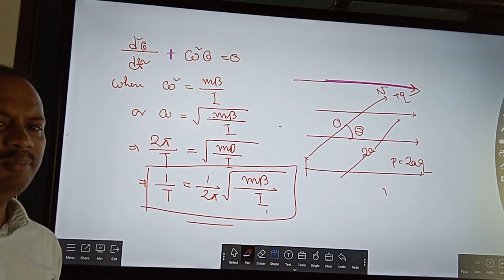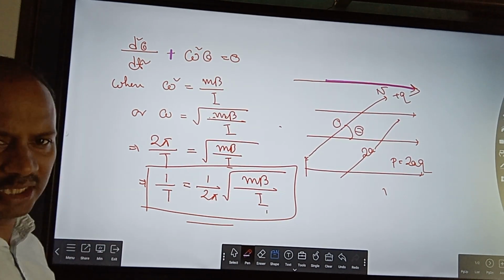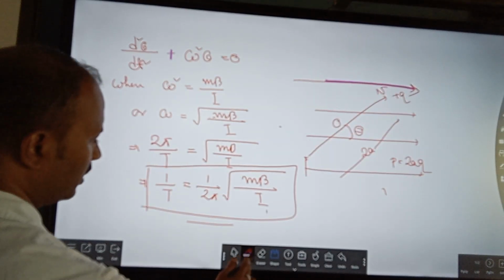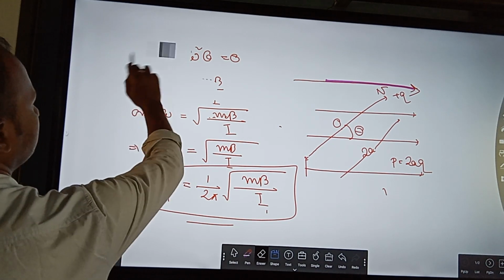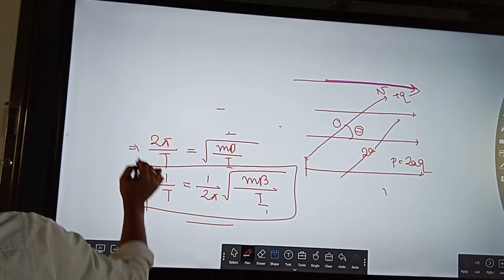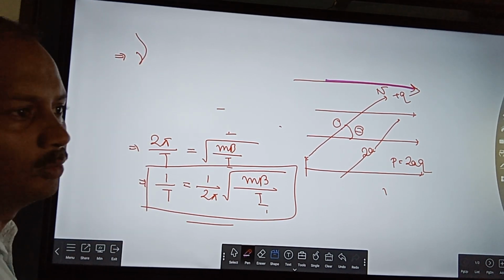So 1 by T denotes what? 1 by T denotes the frequency. Frequency, what? Mu.